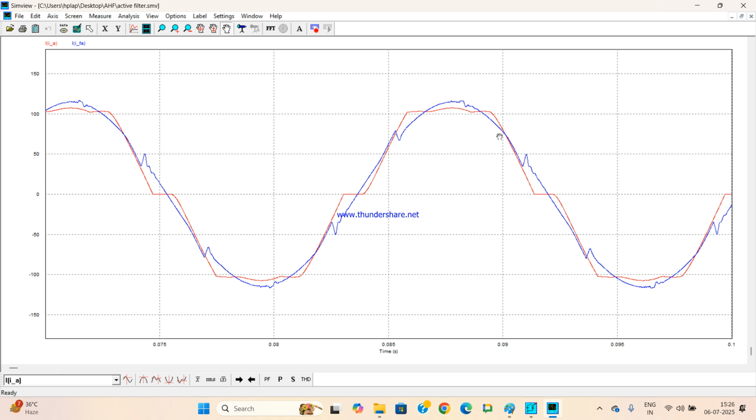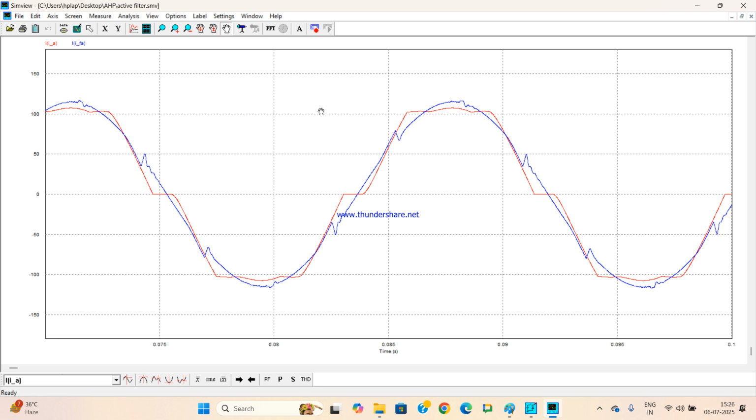You can make this blue color line further smooth. So this red color line is the source current without the filter, without that inverter or without the active filter, and this blue color is the waveform after incorporating the filter.